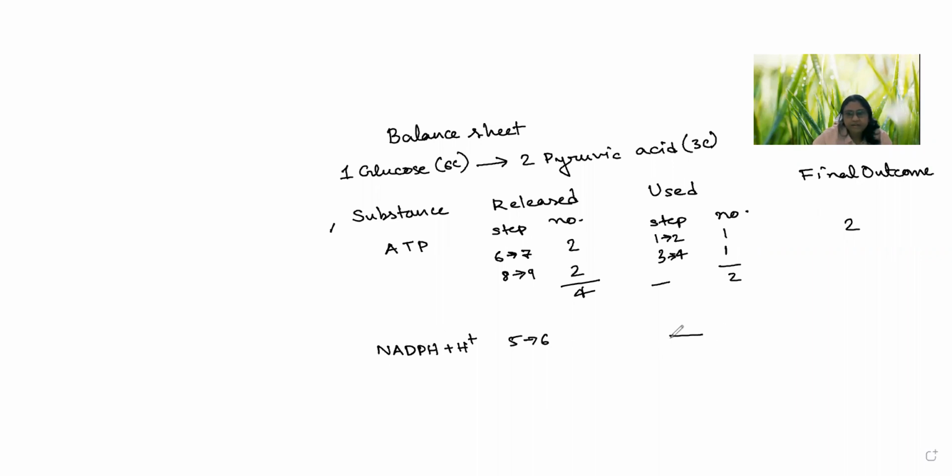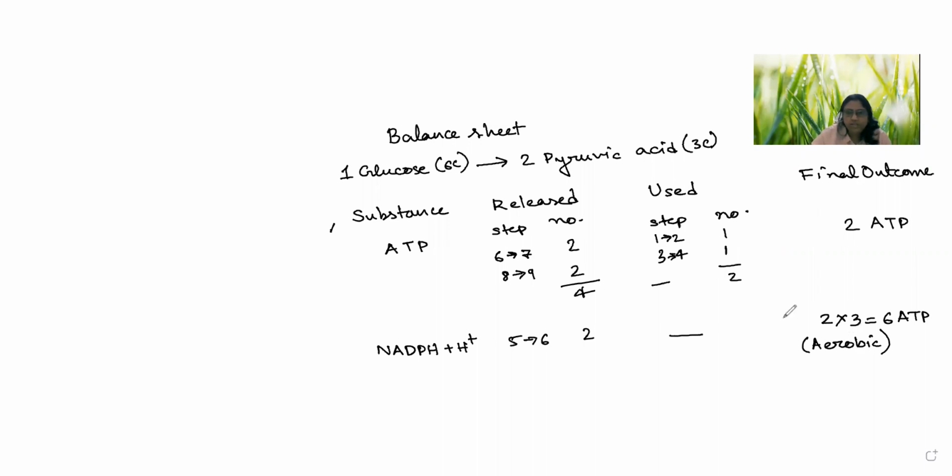We need to understand this, so 2. So 2 multiplied by 3, that means 6 ATP is ultimately produced from this. Why? Because when this NADH plus H plus goes to the last part of aerobic respiration, that is called terminal respiration or electron transport pathway, finally the outcome of ATP from one NADH plus H plus is 3.